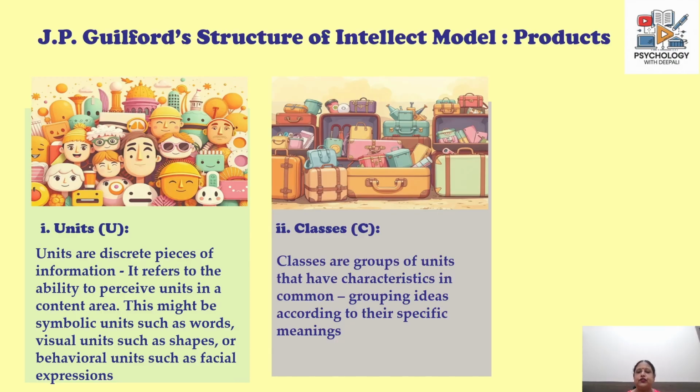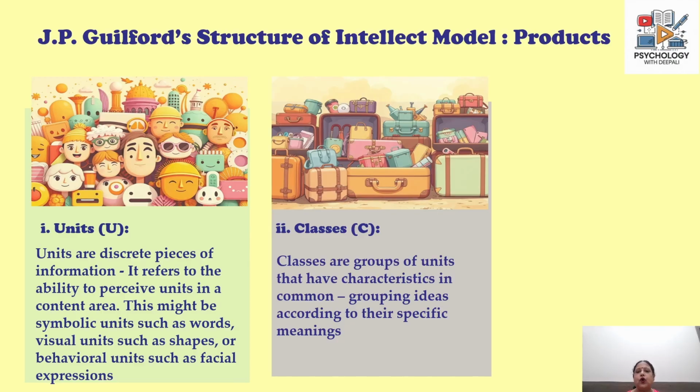Let us say, for example, if we take behavioral content where we are observing the facial expressions of a person who is speaking with us, we will observe their eye contact, we will observe maybe their mouth region to see what they are saying, how they are saying, whether they are smiling, and so many other subtle facial expressions. When we combine all of this together, based on certain experience maybe we have of the person even previously, we may be able to detect what is the emotional state of this person.